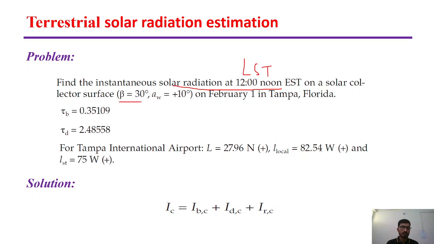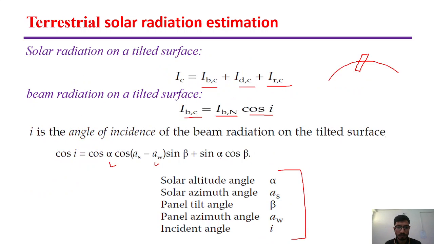Beta is given as 30 degrees, the panel azimuth angle or surface azimuth angle is 10 degrees, on February 1 in Tampa, Florida. For this location, the values of tau b and tau d are given.